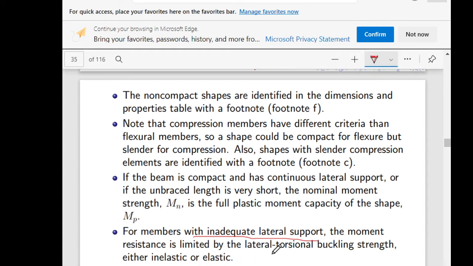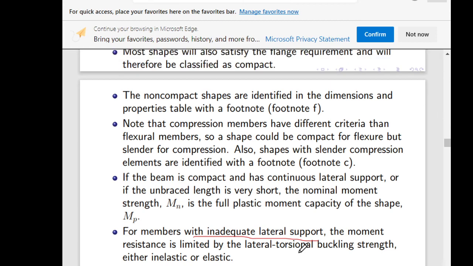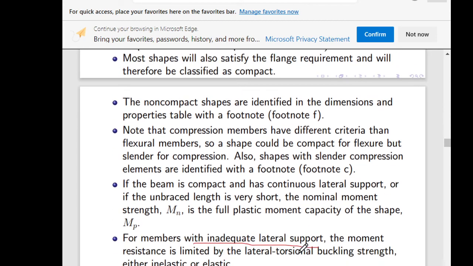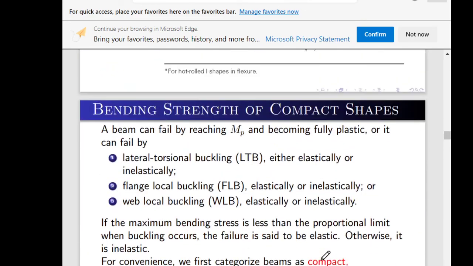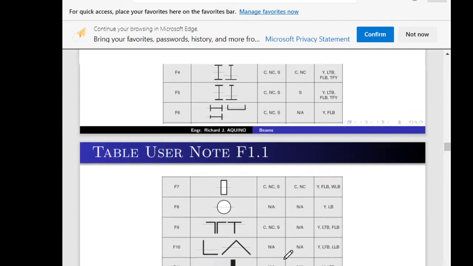Aside from this failure, the other limit states are the flange local buckling and the web local buckling.